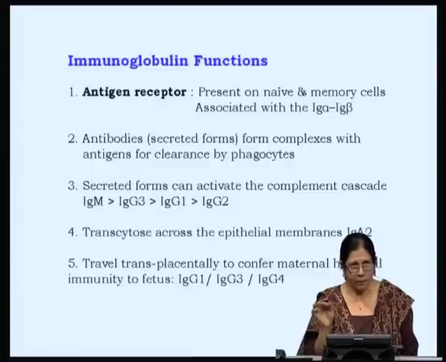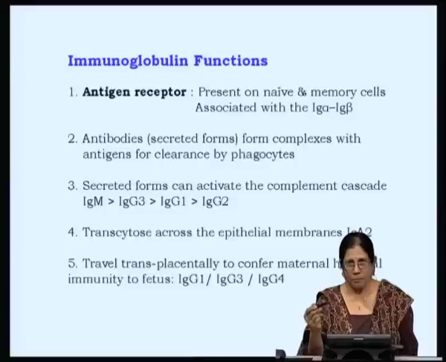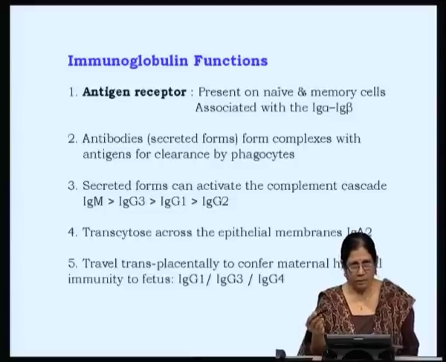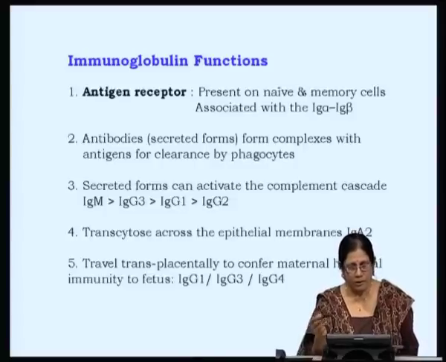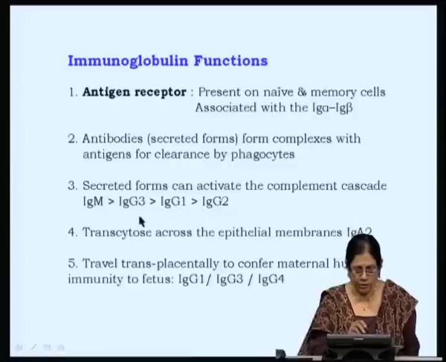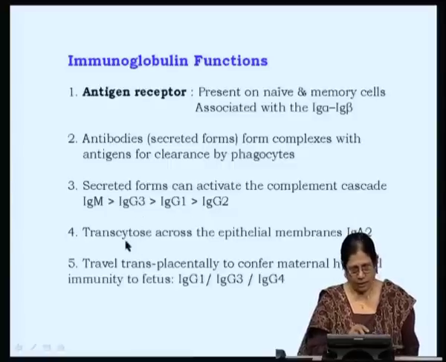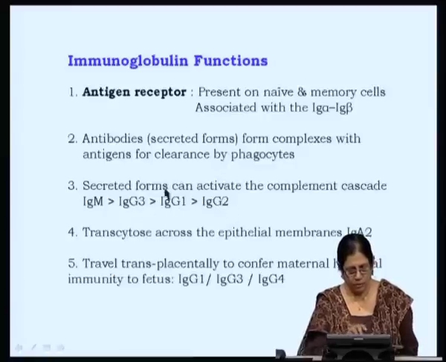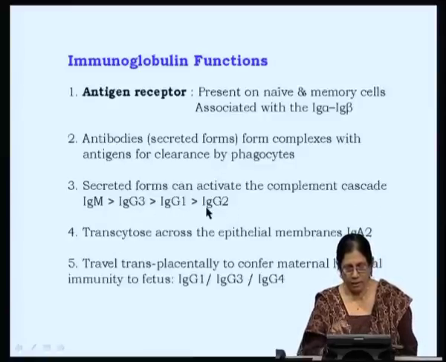Again, one part of that complement cascade recruits proteins which otherwise would have been proteins of the innate immune system, which is now recruited to the acquired immune system. So, IgM, then IgG3, IgG1 and 2, these molecules can activate the complement cascade.